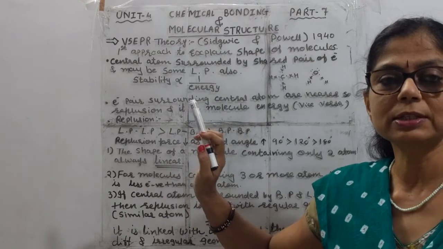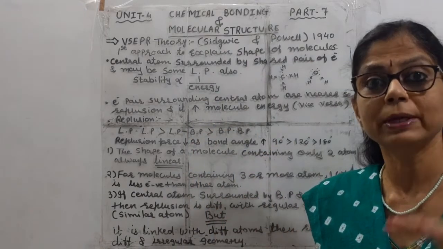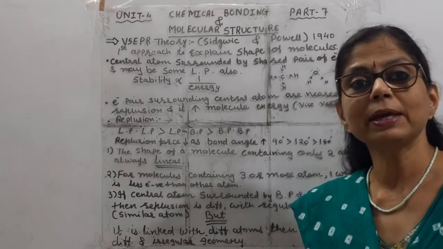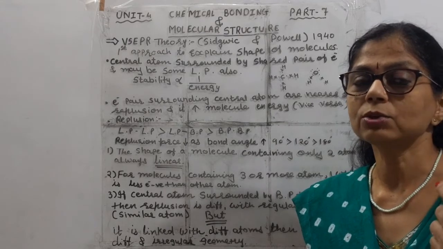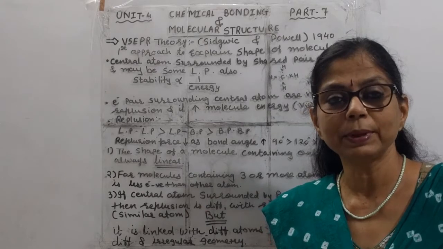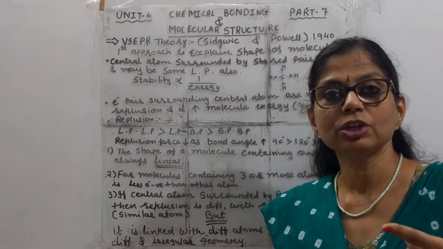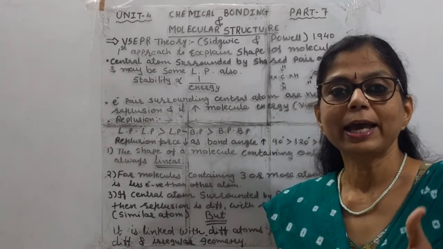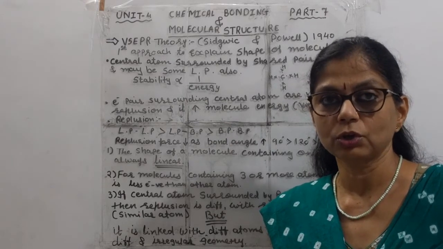It is not fixed that the central atom has only shared pairs of electrons, that is, only bonded pairs. There may be a chance of lone pairs of electrons. Just remember the examples of H2O and NH3. NH3 has one lone pair of electrons, and in H2O, oxygen has two lone pairs.